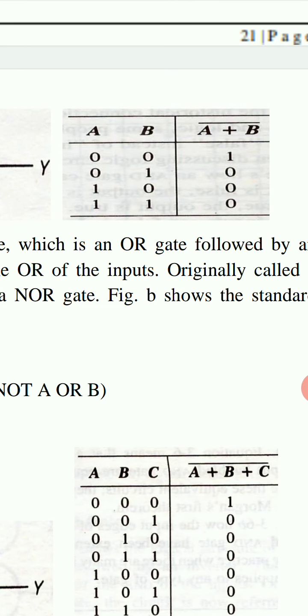For two inputs A and B, there are four possible combinations, and the output (A plus B) bar is given. So the output is high when both the inputs are low. So the NOR gate recognizes those input words for which all input bits are low.